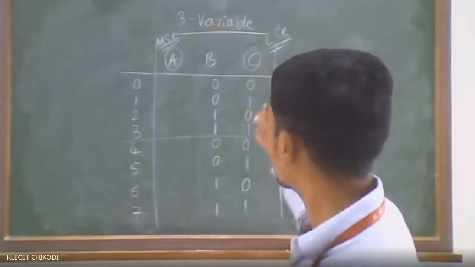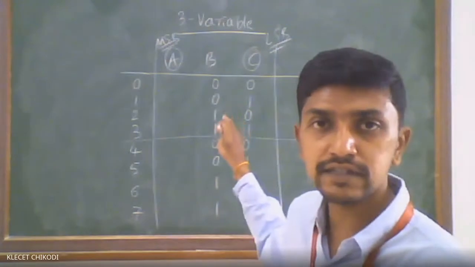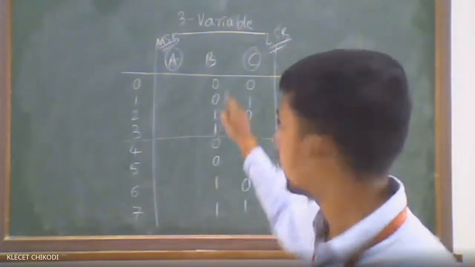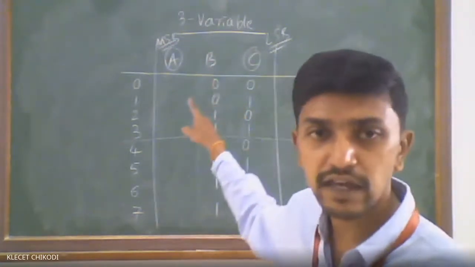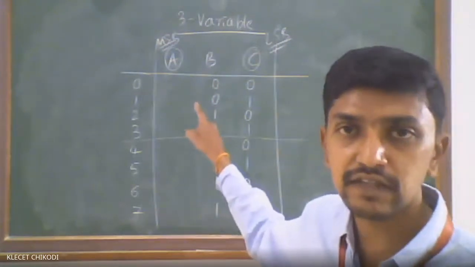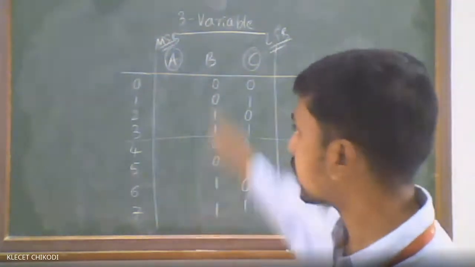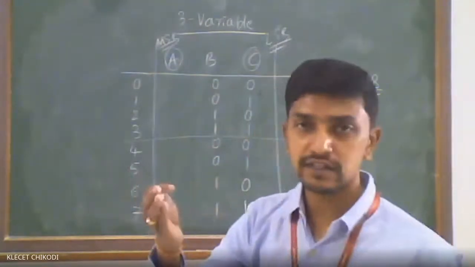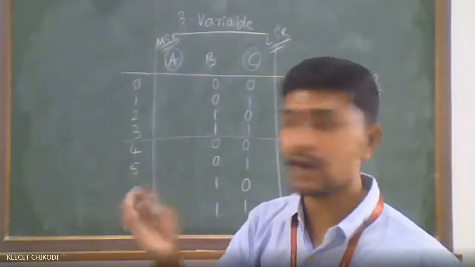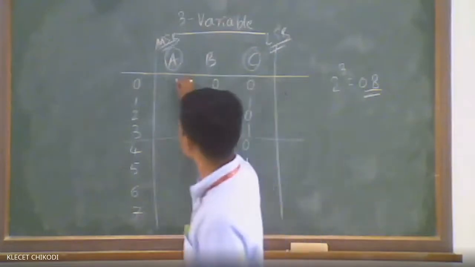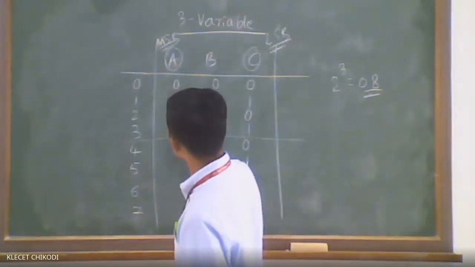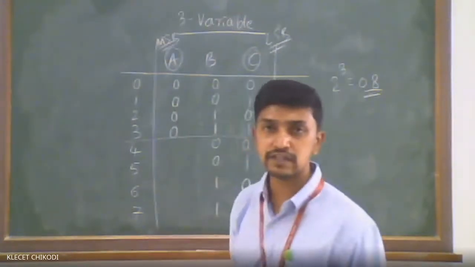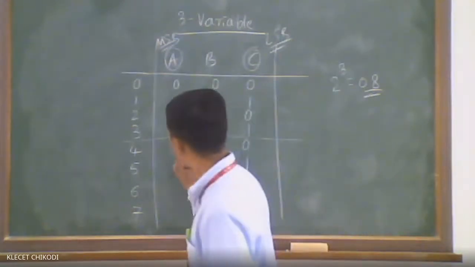So that MSB here varies after 4 combinations. Initially it will be 0 for the first 4 combinations. After that it will be 1.